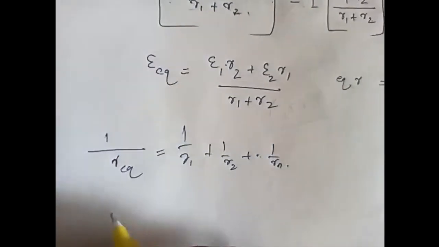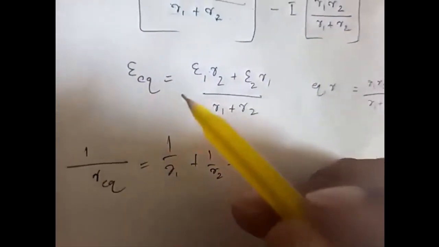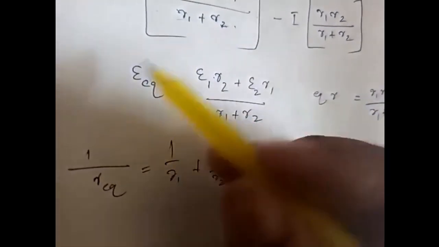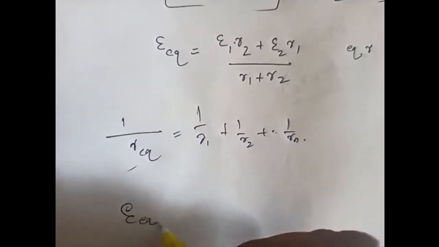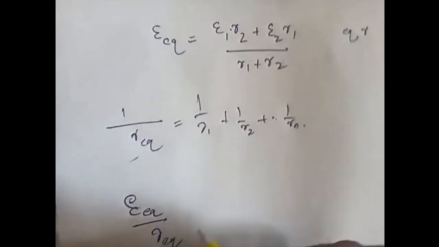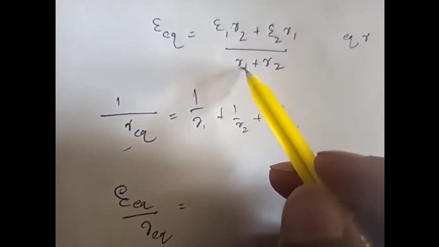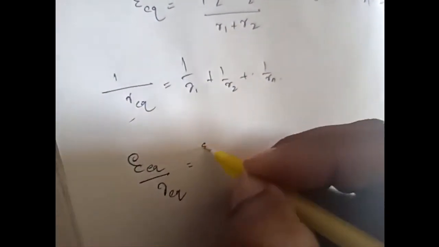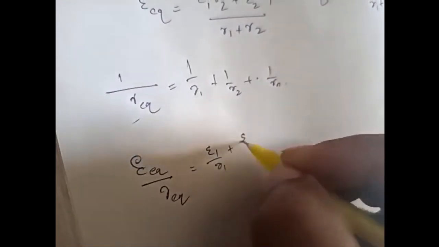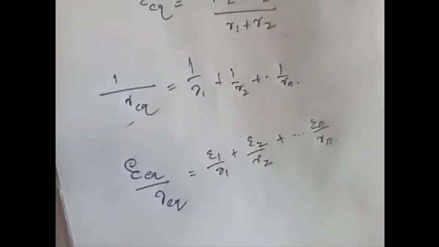Similarly here we are not having the term equivalent EMF, we will be having the term E equivalent by R equivalent, because here all the terms are being added: E1 by R1 plus E2 by R2 plus etc. En by Rn.